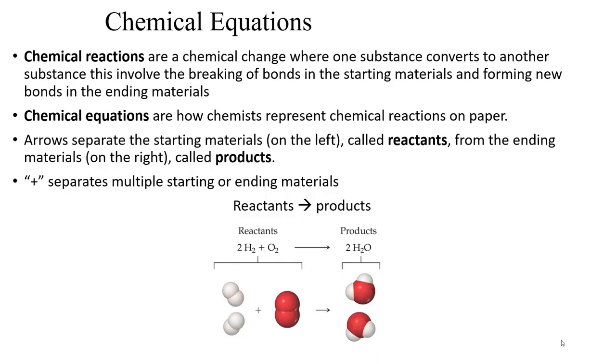And for oxygen, we have the same number of oxygen atoms on the reactant and the product side of the equation. So this reaction is what we call balanced. The number of atoms of each type are the same at the start and at the end of the reaction.